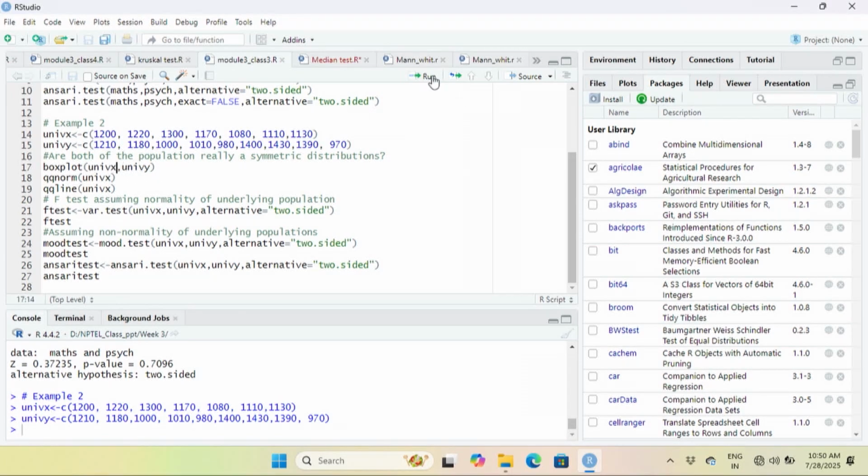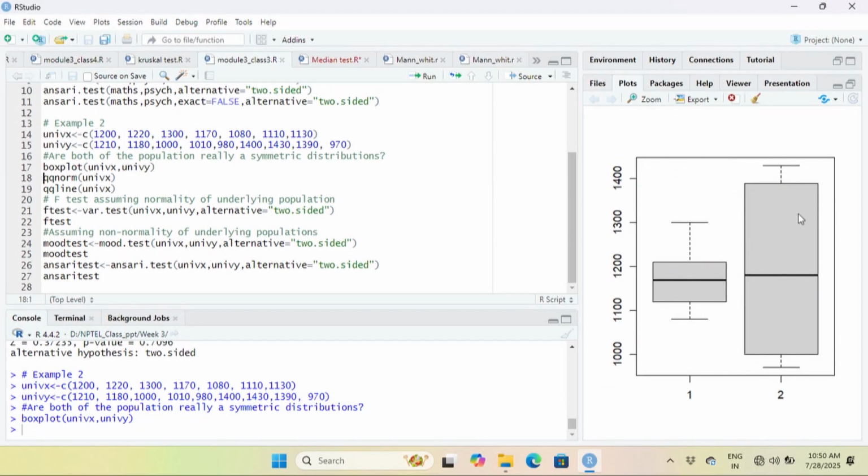You can draw the box plot. You will see that there are 2 university box plots. And are they following normal distribution? Because I always told you that you will go to the non-parametric methodology once you are sure that the observations are not coming from the normal distribution, right?